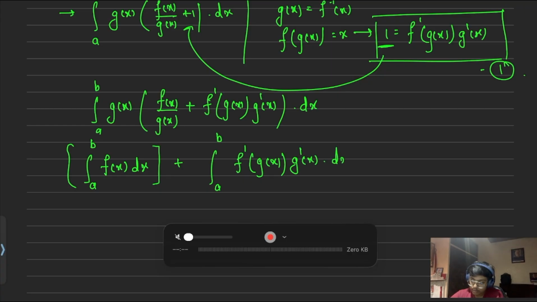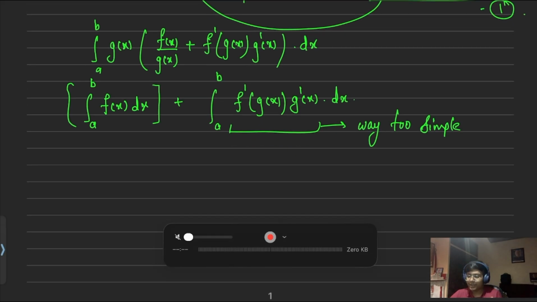dx. It may still look complicated, but this integral is way too simple to solve because it requires only one substitution. Sorry, I messed up here. It should be g(x) multiplied with this function.